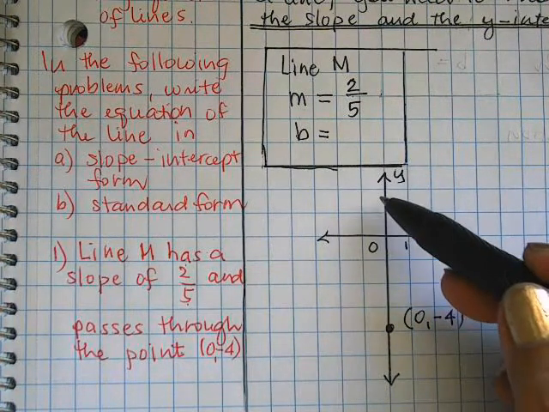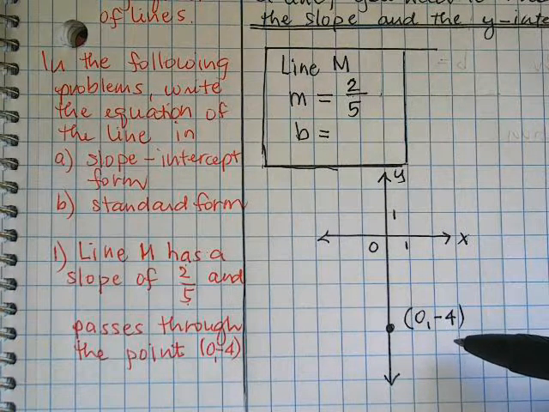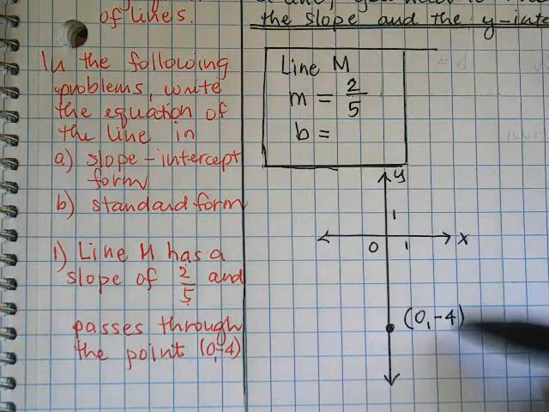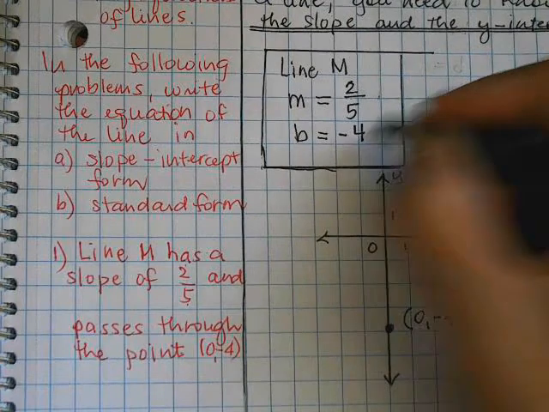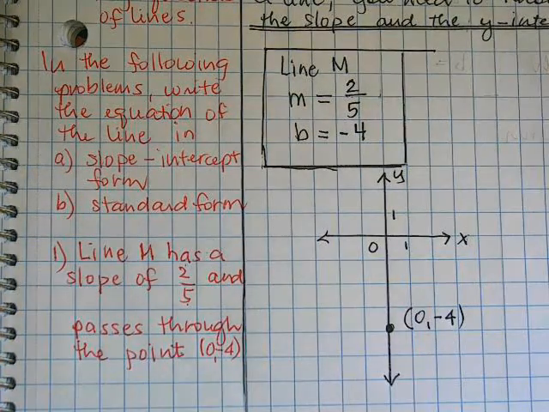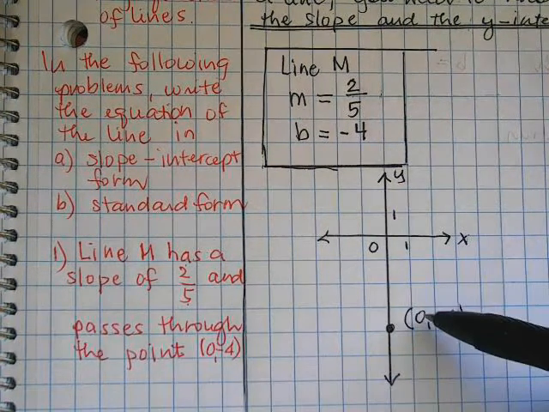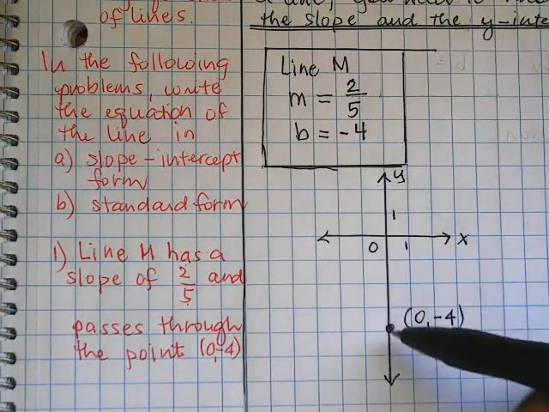So as if they're telling us that this is also the y-intercept. In some ways, they are telling us that the y-intercept is -4. Stop every time that you don't understand. That's the goal of this video. Since it passes through (0, -4), that is also the y-intercept.